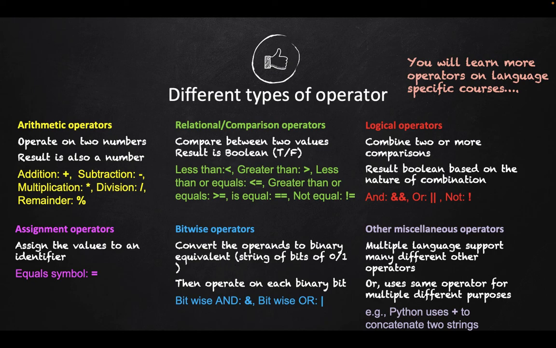So here are some of the different types of operators that are supported by most programming languages. For example, arithmetic operators, relational and comparison operators, logical operators, assignment operators, bitwise operators, and there are several other miscellaneous operators to facilitate the developers with many different facilities in the program. We will learn more about it in the next module.